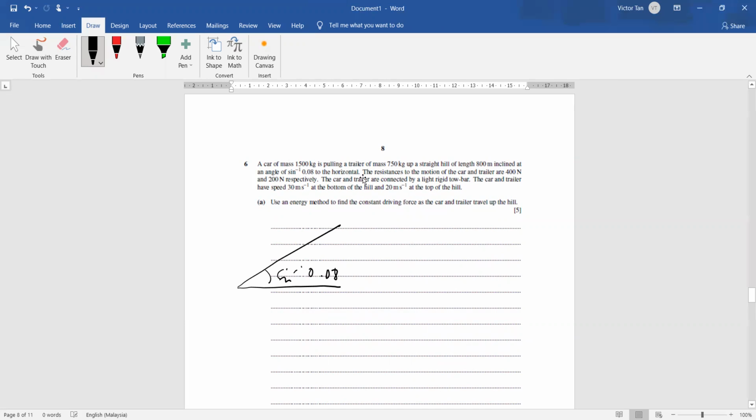The resistance to the motion of the car and trailer is 400 Newton and 200 Newton respectively. So this is the car, this is the trailer. Resistance to the car is 400, trailer is 200.